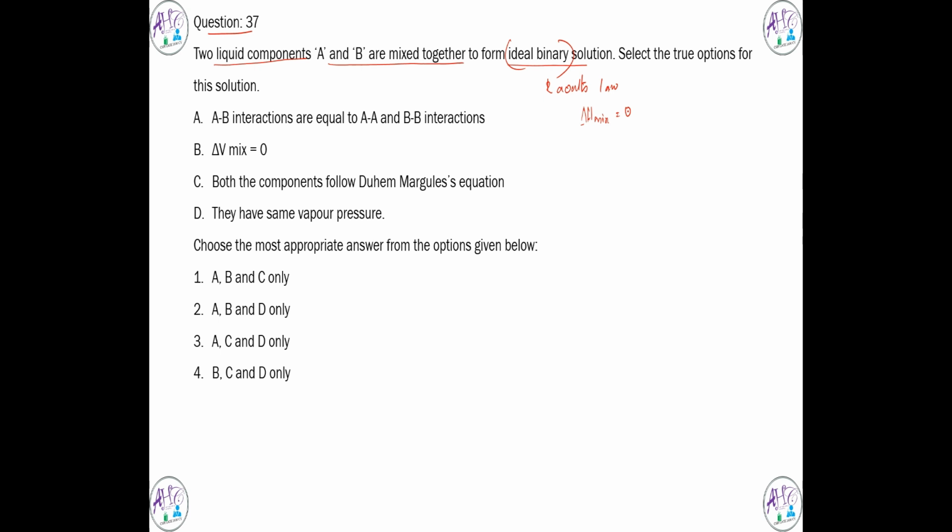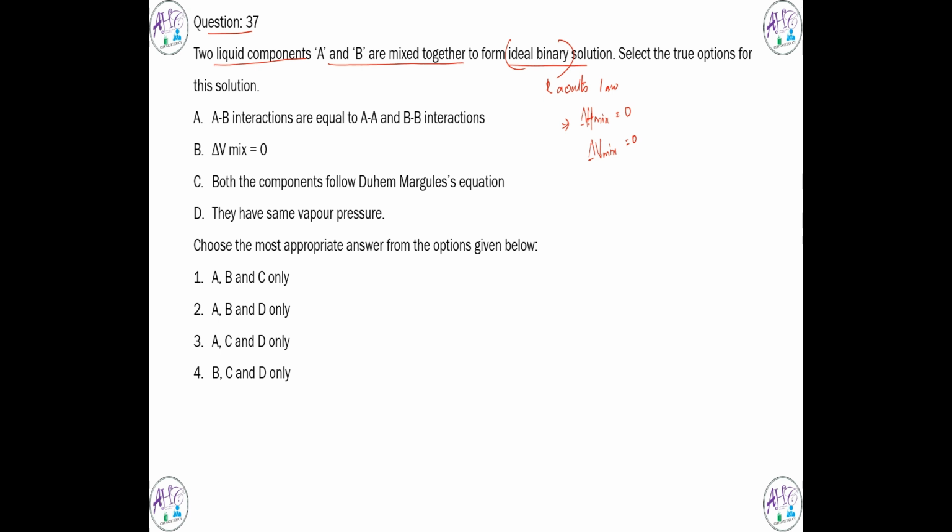So we can say that if the enthalpy of mixing of the pure components is zero, then the volume of mixing is also going to be zero. Why do we say volume of mixing is also zero when enthalpy is zero? Enthalpy is the heat produced or absorbed when we mix the two components.